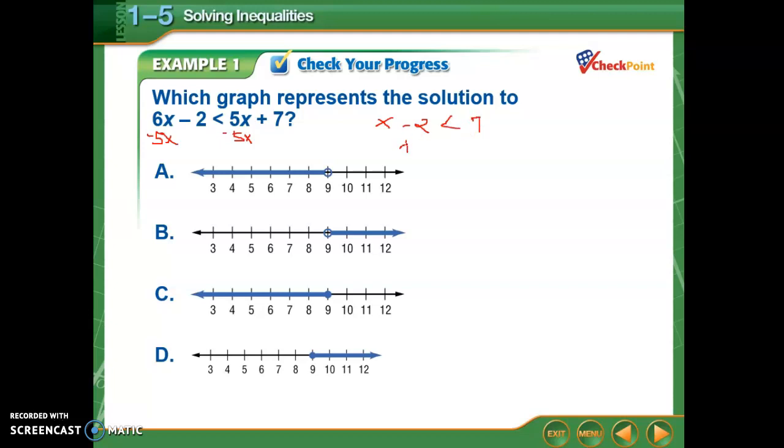And then the final step, I'm going to add 2 to both sides. So my answer is going to be x less than 9. Since it is less than, it's going to be an open circle pointing to your left side. So our best answer is letter A.